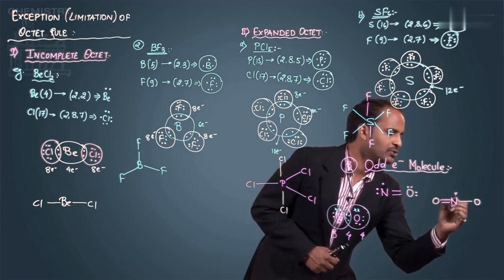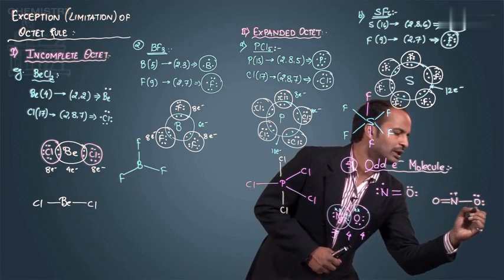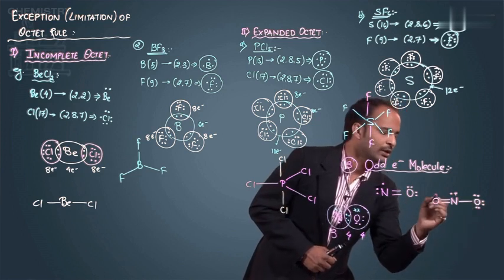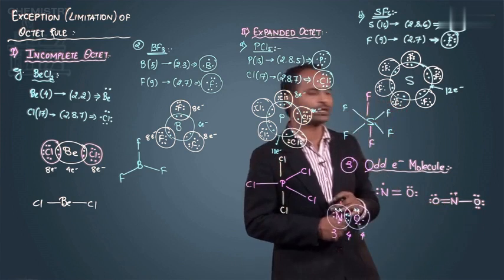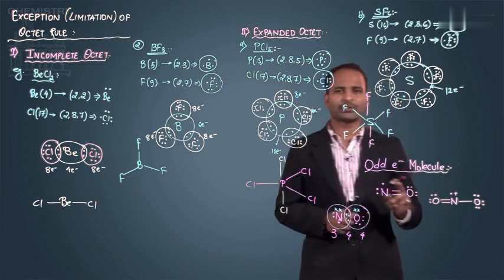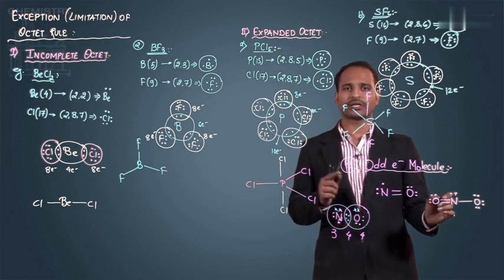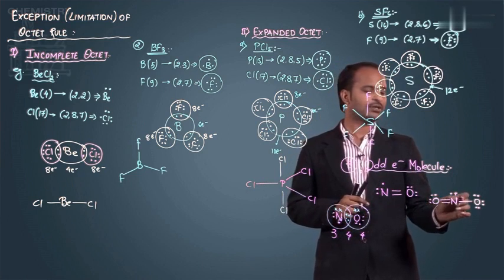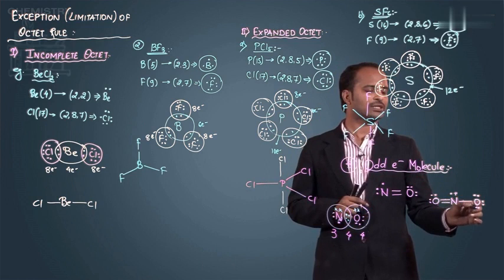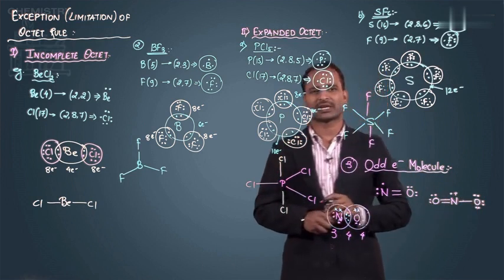Nitrogen has given its 1 electron here, and oxygen has used no electron for the bond formation, and this oxygen has 4 electrons. If I measure the total number of electrons, 2, 4, 6, each bond has 2 electrons, so 6, 8, 10, 12, 14, 16 and plus 1, that is 17 electrons.